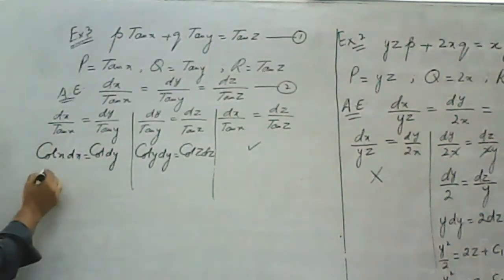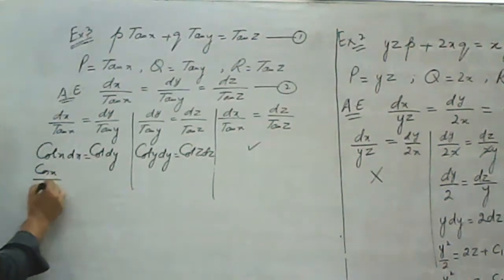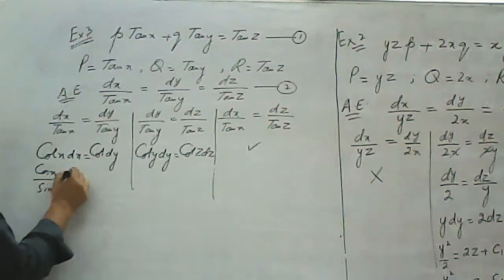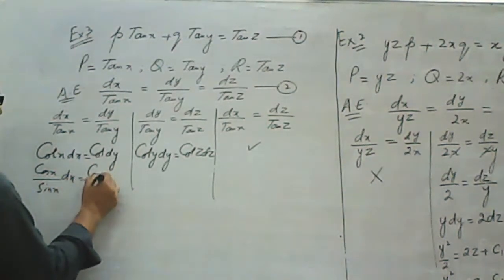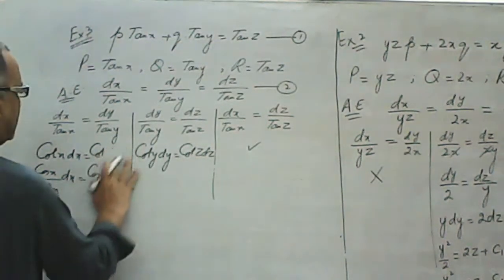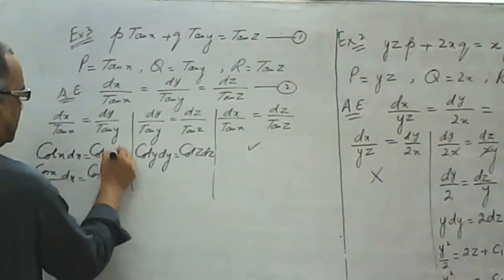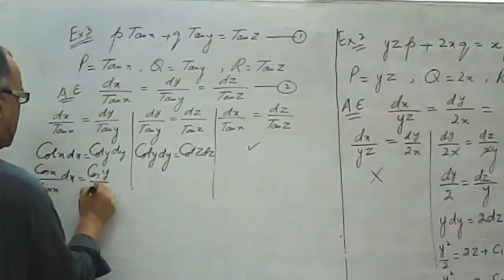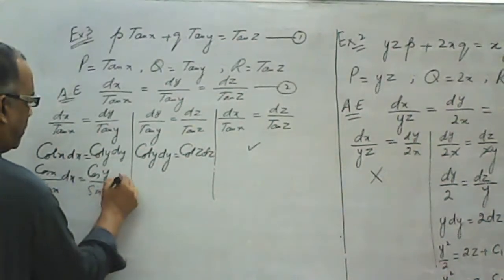So cot x means cos x upon sin x dx equal to cos y upon sin y dy.